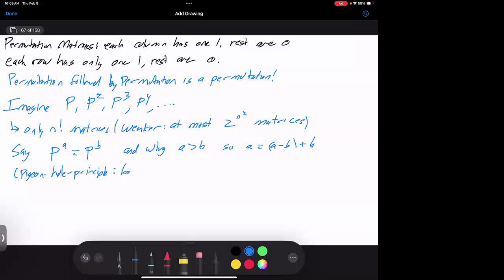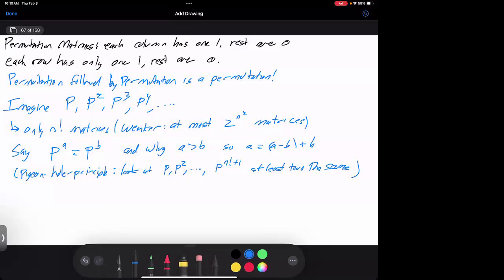So if we look at p squared, up to p to the n factorial plus 1, at least 2 the same. Because we have too many pigeons, so one box has to get at least 2 things.